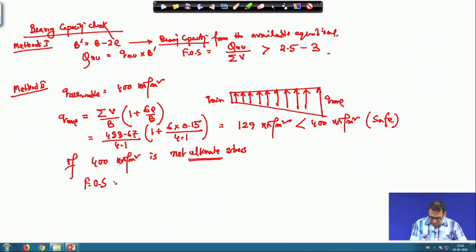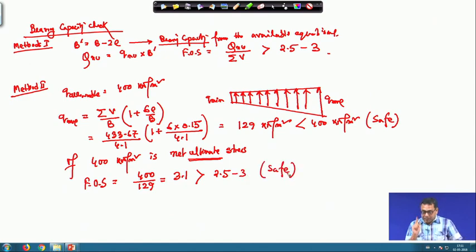In this case the factor of safety will be 400 divided by 129, which is equal to 3.1, greater than 2.523, so it is also safe. Remember that if it is Q allowable 400, then your stress should not be greater than that. But if it is ultimate, then you have to determine the factor of safety, and it should be greater than 2.5 to 3.